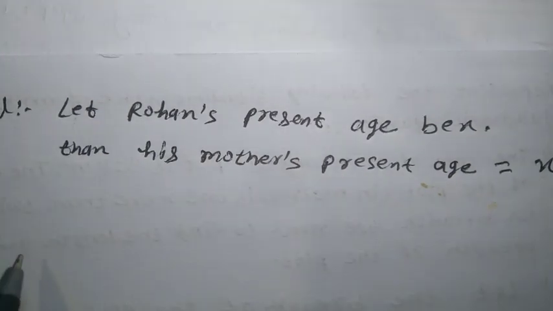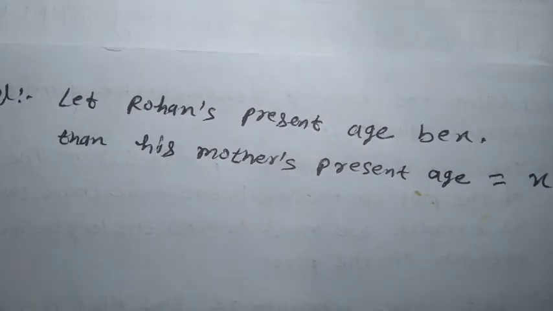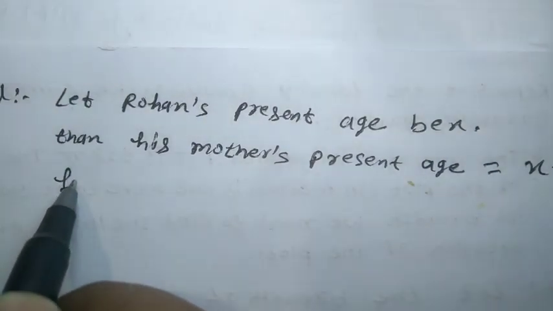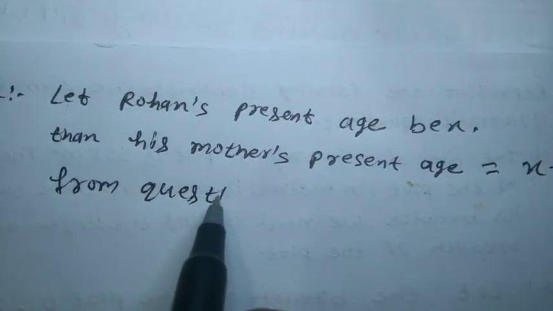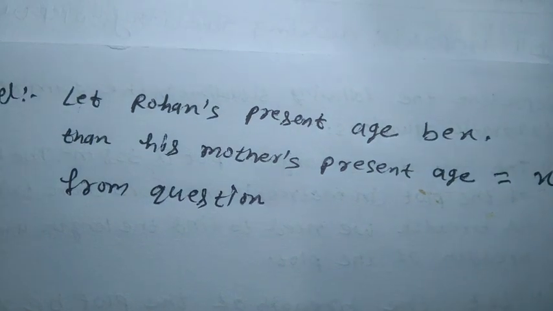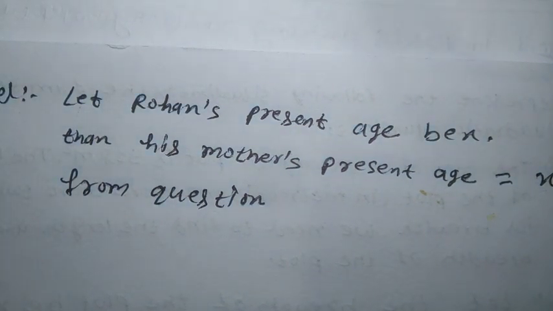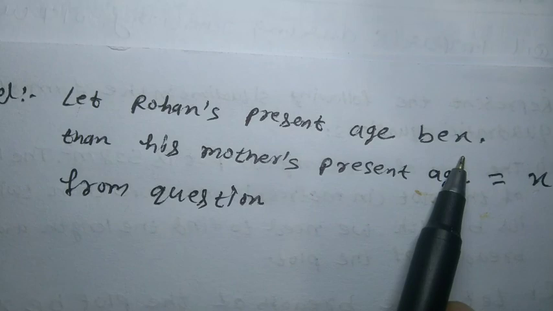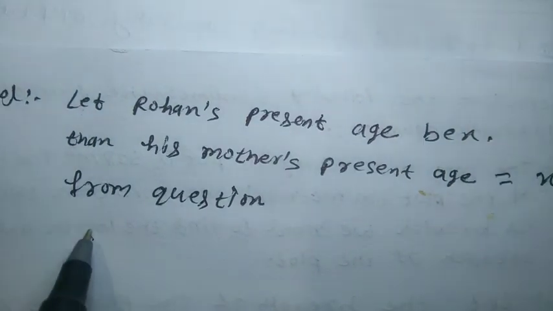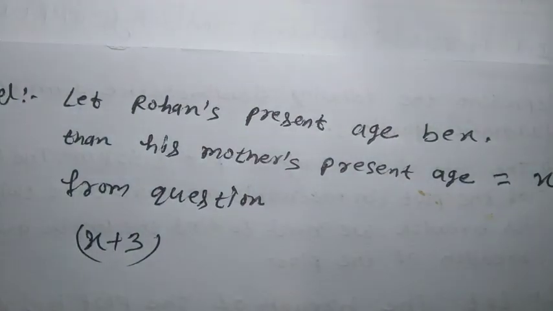Now from the question, it says the product of their ages 3 years from now. Rohan's age 3 years from now is x plus 3.